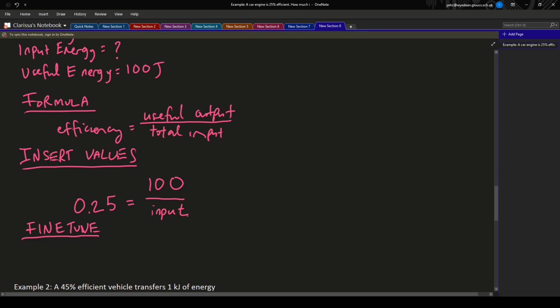So I'm going to show you the proper method, and then I'm going to show you what I want you to notice as the trick so you can do it quickly. It might seem like a big old faff to do it this proper way, but then I'll show you the trick. Okay, so here is the maths theory behind it. To bring this to the top, I can times both sides by input.